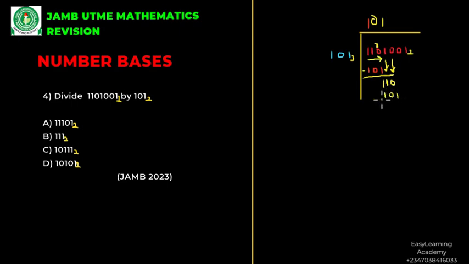Okay, so we will go ahead to still subtract. And subtracting this, 0 minus 1, we borrow 1 from here, add up, and it's 2. 2 minus 1 is 1. Here is 0. If you want to write it, it's fine. If you don't write it, it's still fine. Here is 1. And then we will bring down this other 0 here. We bring it down. It will be 10 there. And we now say 101 comes into that.